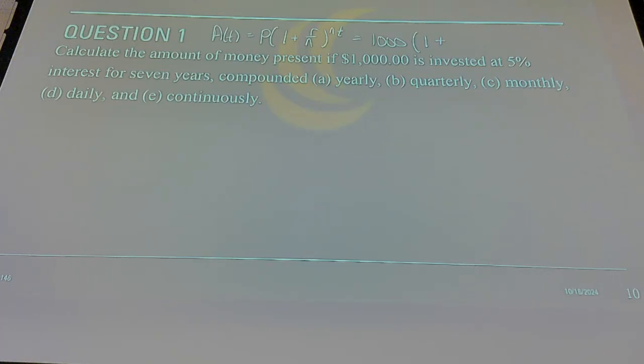R is the interest rate, written as a decimal. We know n, we don't know t. Because it's several. Well, actually, we do know t. In this case.